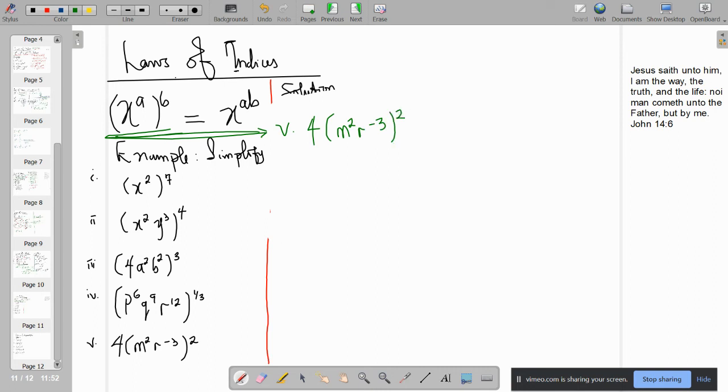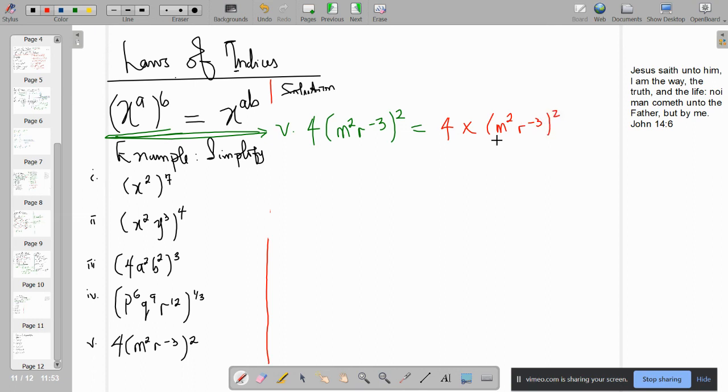Now, this time around, this 4 here is not going to share this power. Why? Because it is not enclosed inside the bracket. But rather, what this actually means is 4 times m squared r raised to power minus 3 raised to power 2. This is what it means.